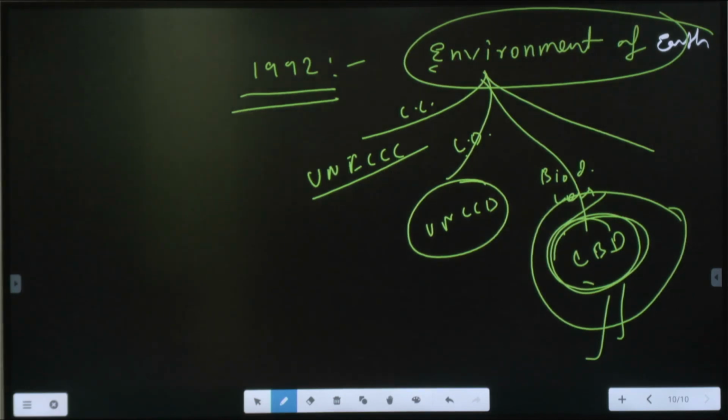Functions of NBA are: NBA means what? National Biodiversity Authority. Functions of NBA are, in number-wise format, write down: first, regulation of acts or actions prohibited under the act.